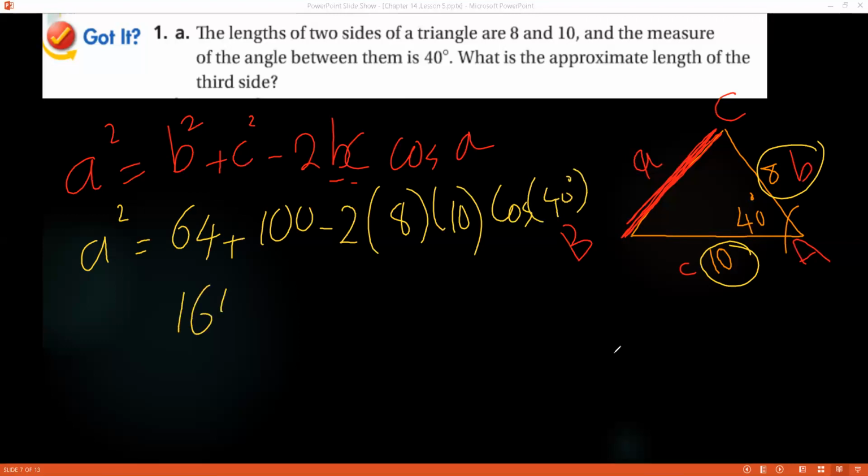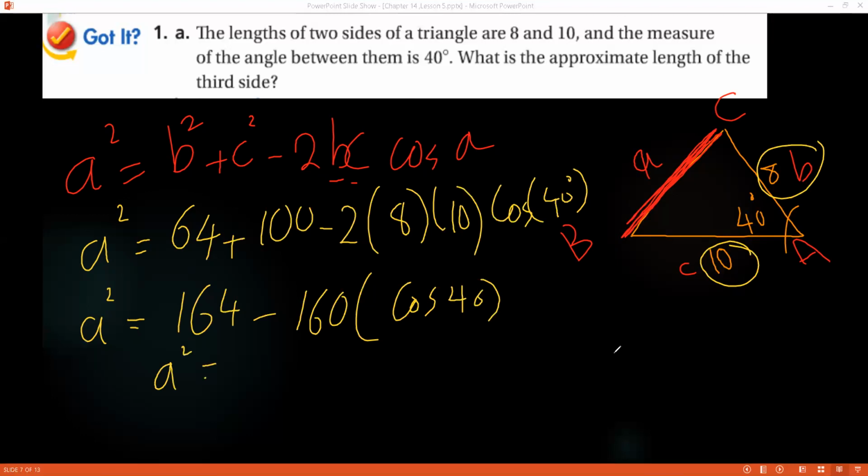Now 164 minus 160 times cosine 40 will be A squared. So A squared is 41.4.